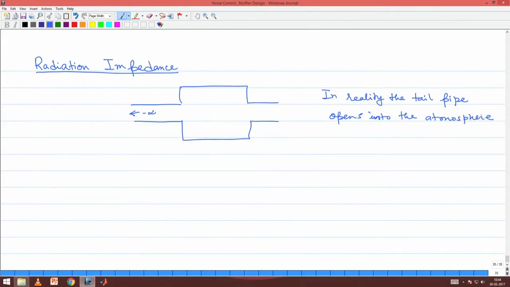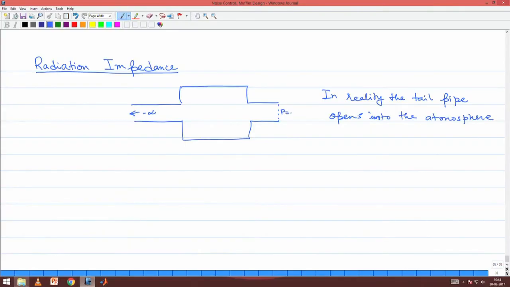If it opens into the atmosphere, what should be the boundary condition that you should use? Till now we were saying that if it opens into the atmosphere you should have a boundary condition p equals 0, but then there comes one more problem. If we really use the p equals 0 boundary condition, what is the transmitted wave from this point onwards?